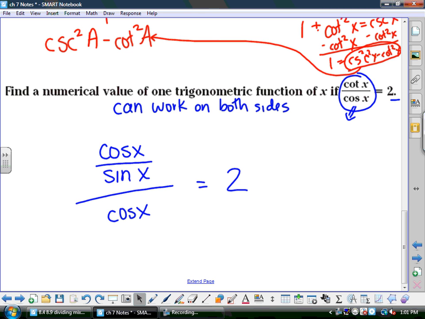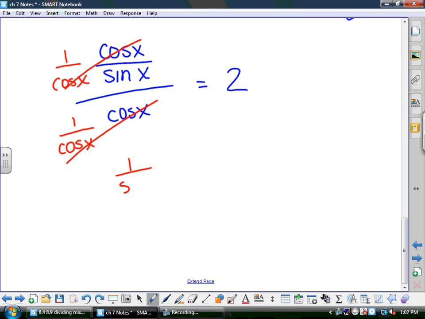I want to do the reciprocal of what's in the bottom, so I'm going to multiply the top and the bottom by 1 over cosine. That does clear out the fraction within a fraction, and it also actually clears out the cosines on the top. So we've got 1 over sine x equals 2.